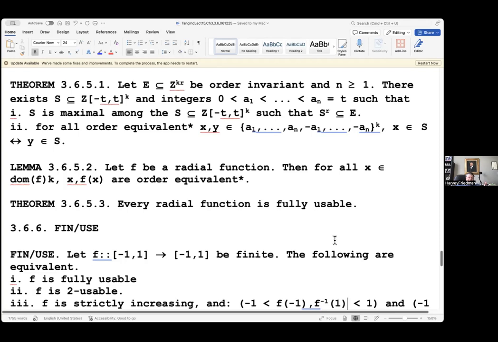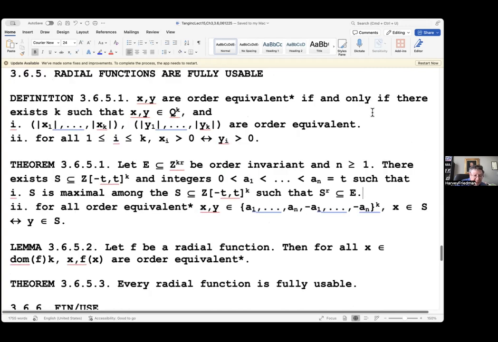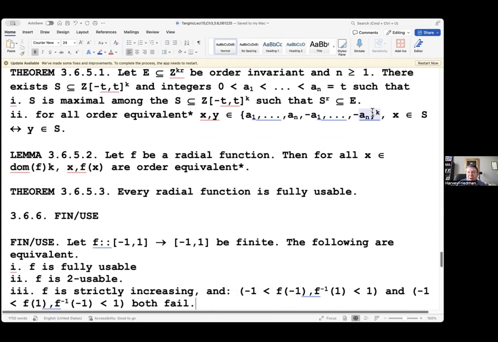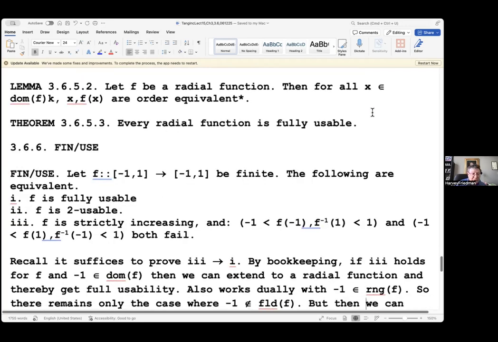That's a paramount of bookkeeping. And now we can conclude that every radial function is fully usable because these two things fit together. You can easily get what you want from these two. All right. So now we're about to prove the main event, fin use.